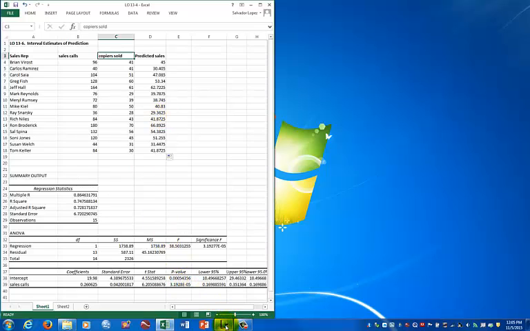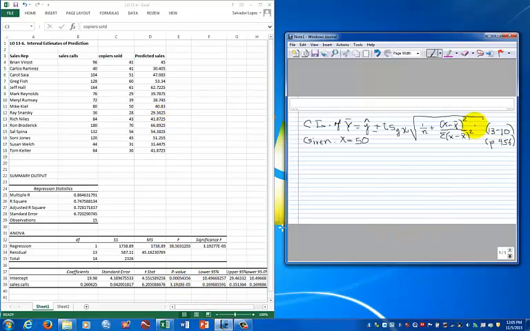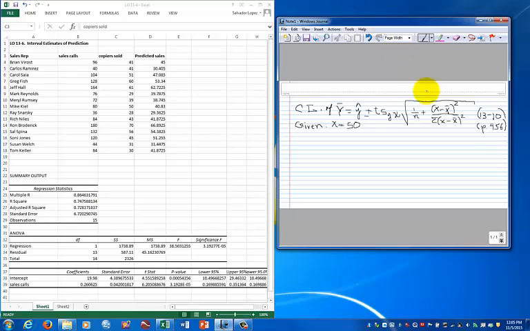Now the formula that is used is shown in your book. It's right here, repeated. I just copied it before to save time. This is equation 13.10 on page 456. The confidence interval of the average value of the population Y, usually in statistics, the capital letters are assigned to populations and lowercase to sample.